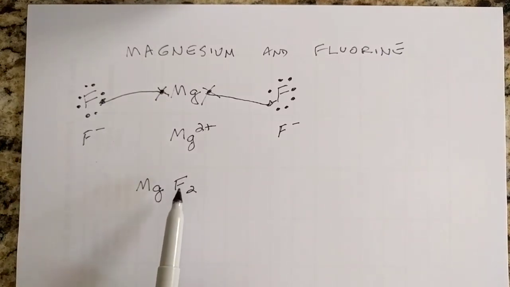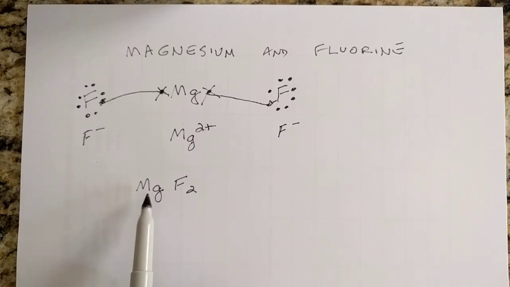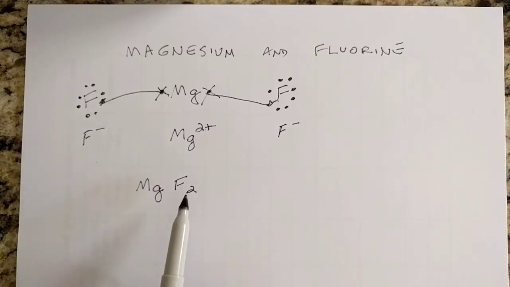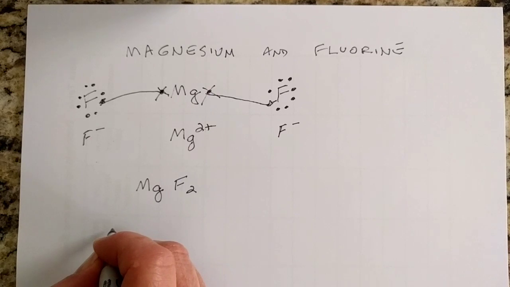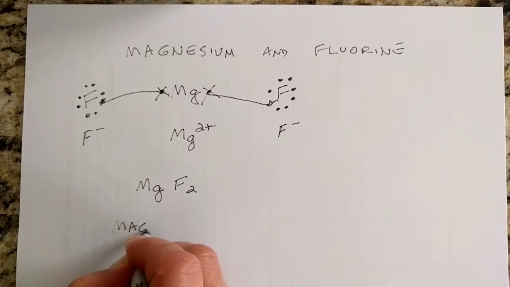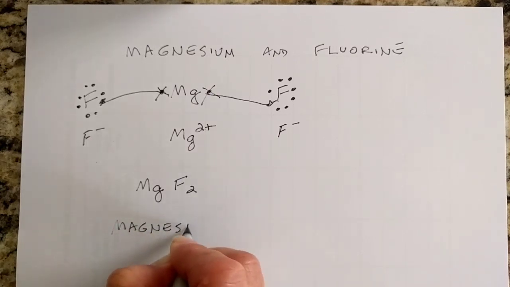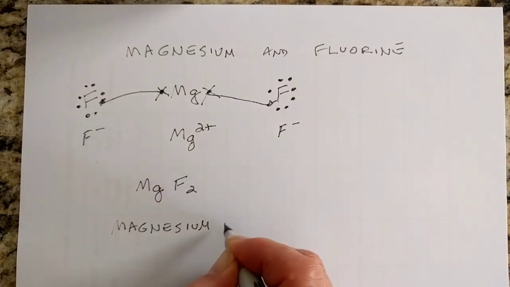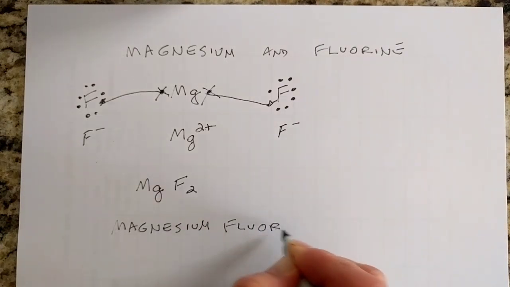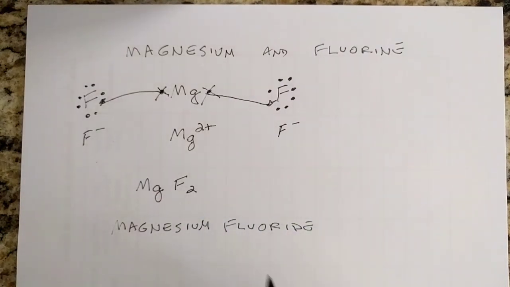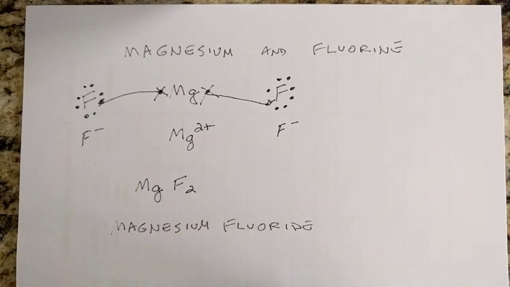For the name, we put the name of the cation and the name of the anion. So the name of this formula is magnesium fluoride. Remember that our anions end in IDE.